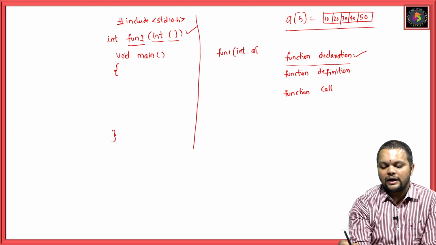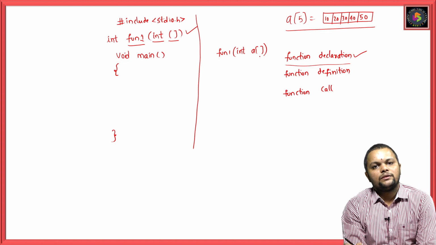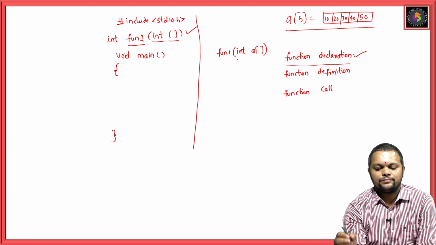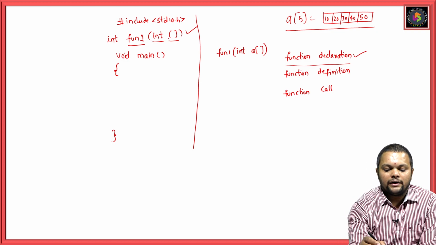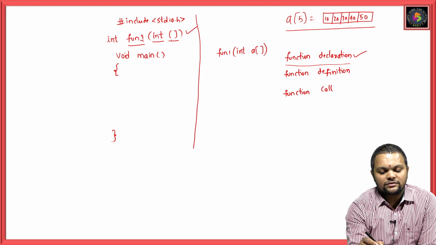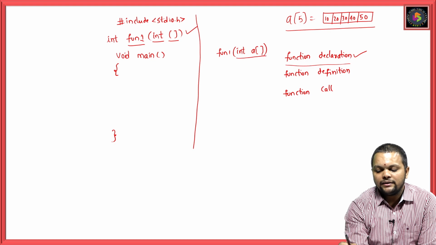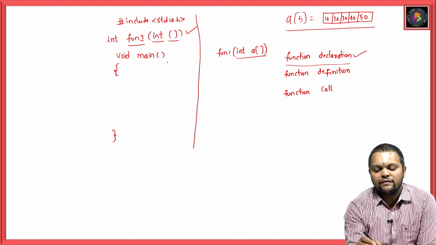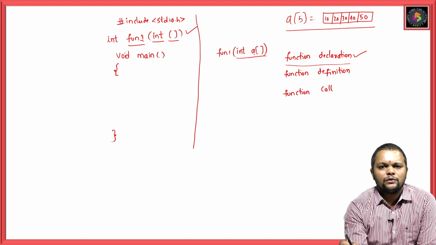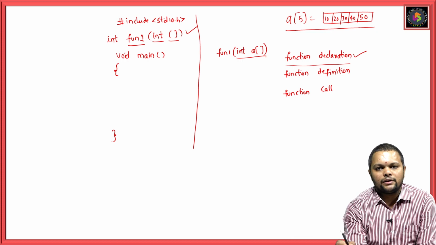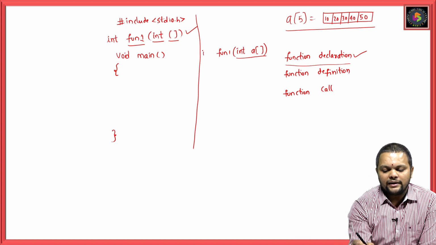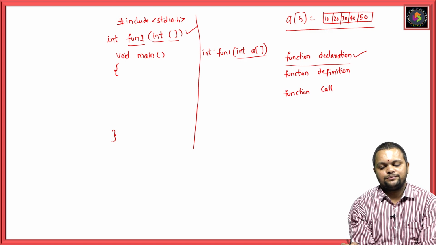Let me say my array name is A, int A[]. In the declaration I am not giving any particular name to this array. In the definition part, I say that this array is taken from the main function using the name A. This is a formal name, you can change it there. This function returns an integer.